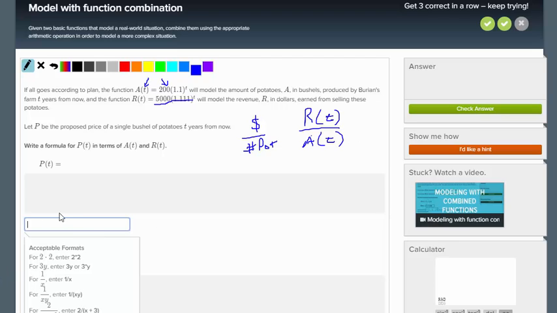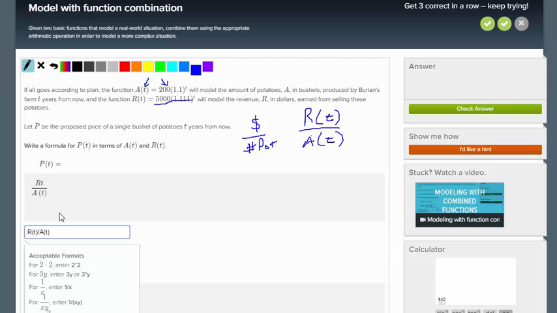Just put that in there, R of t over A of t. Okay. Don't know why it's not putting in my parentheses here for R of t. Hopefully I won't get it wrong. I'm not confident with Khan Academy though.